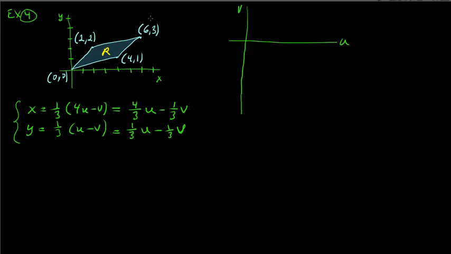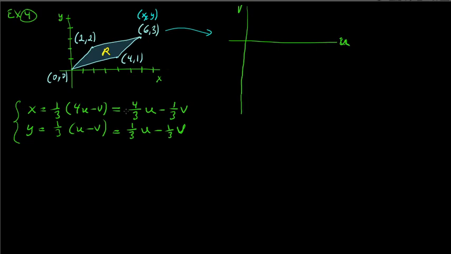So all these points here are x's and y's, right? So the 6, 3 is the top corner here of the region R of the parallelogram, with an x coordinate of 6 and a y coordinate of 3, right? So our goal is to get these points into the u and v plane, right? We want to transform them so that we get u and v instead of x and y.